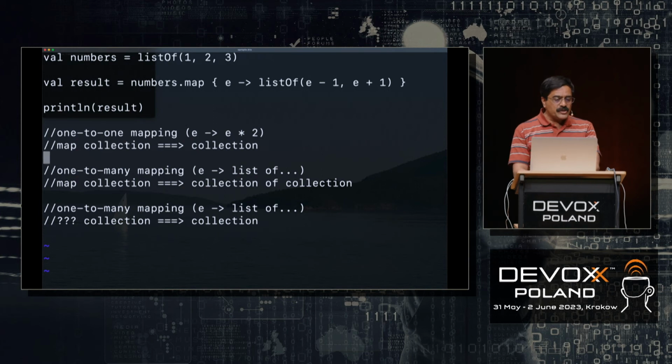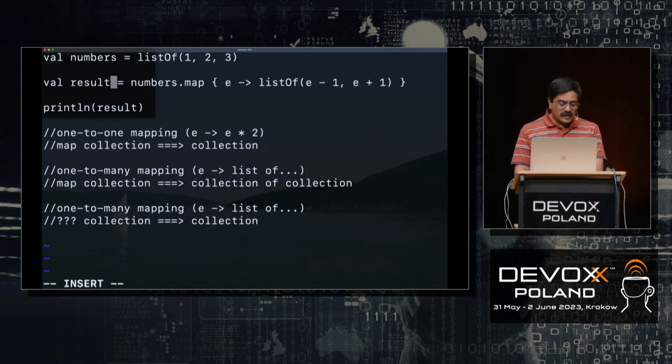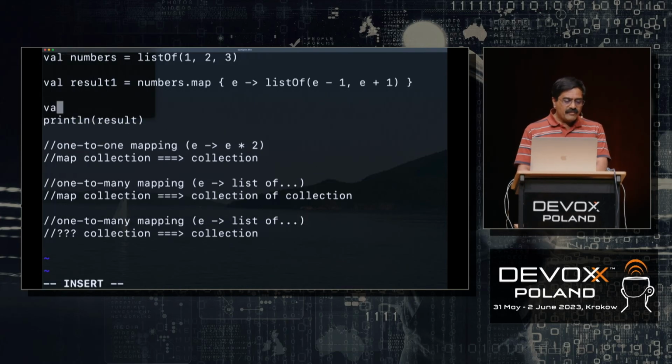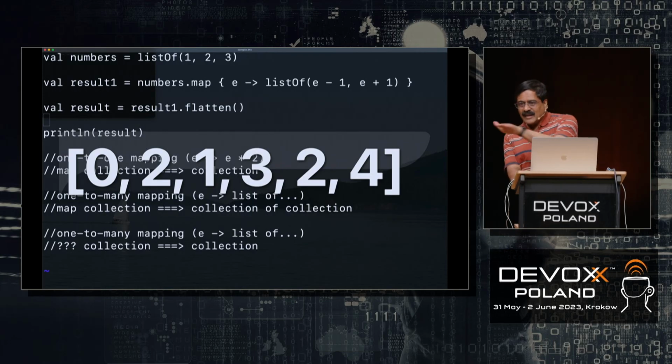But going back to this example, when I run the code, you can see the result is a collection of collection. What I can do is take result1, and say val result is equal to result1 dot flatten, asking it to flatten the result at this particular point. Notice in this case, we flattened it, and we got a one-level collection, not a collection of collection.